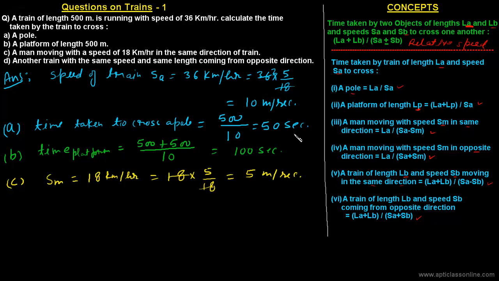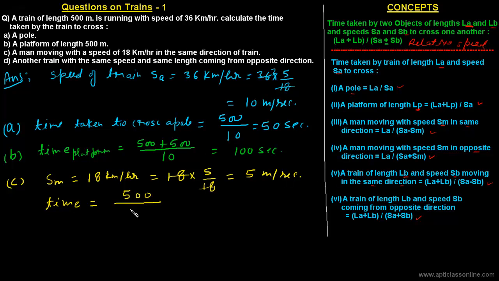This time will be equal to the length of train, because the length of the man is 0. Length of train is 500, divided by, since they are moving in the same direction, the difference of their speeds.